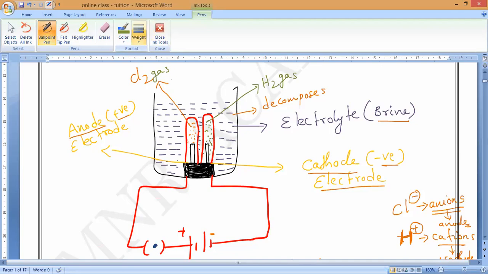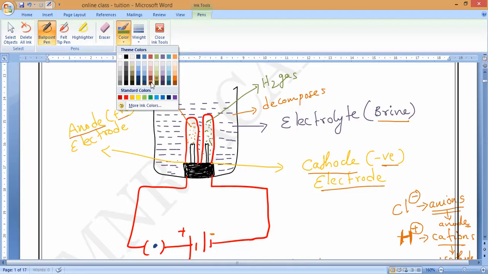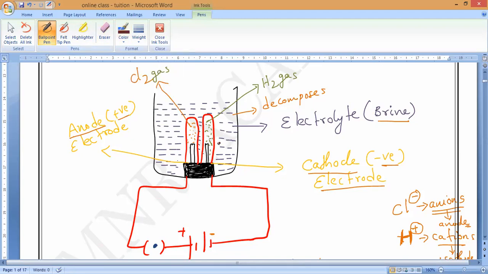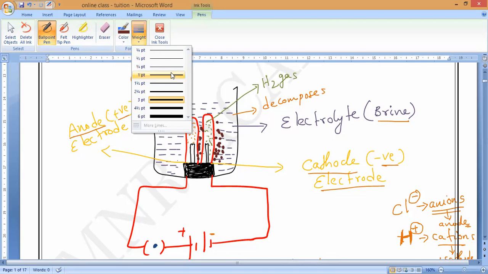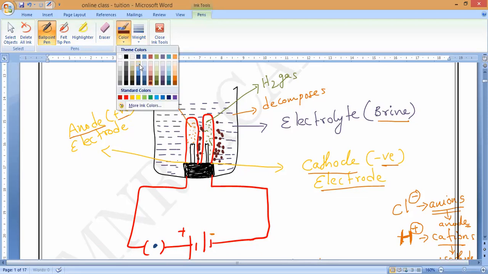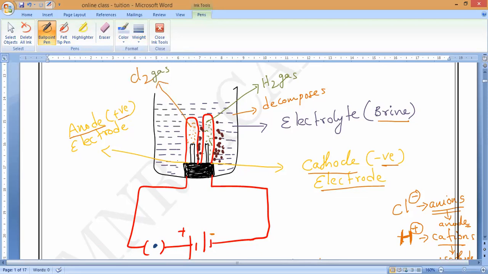Now, near the cathode or anode? Near the cathode. Understand all of you? Near the cathode, we get an aqueous solution of something. What should we call it? Hydroxide. It is called sodium hydroxide solution, an aqueous solution.